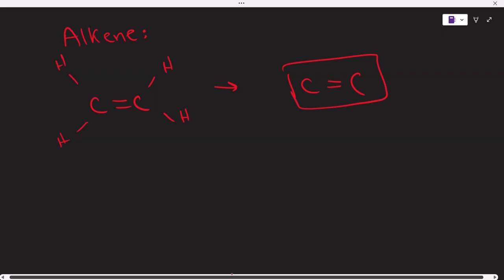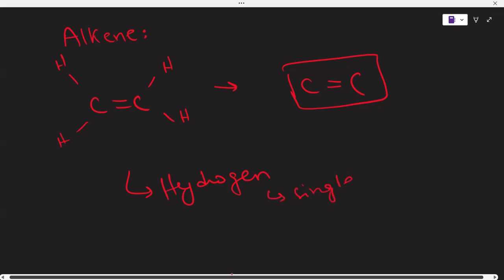Now what you also need to know is that, just like alkane can exist as a single carbon molecule, alkenes cannot exist as a single carbon molecule, because if you have to make a double bond, you need two carbon atoms, right? We also studied that hydrogen can only make a single bond.